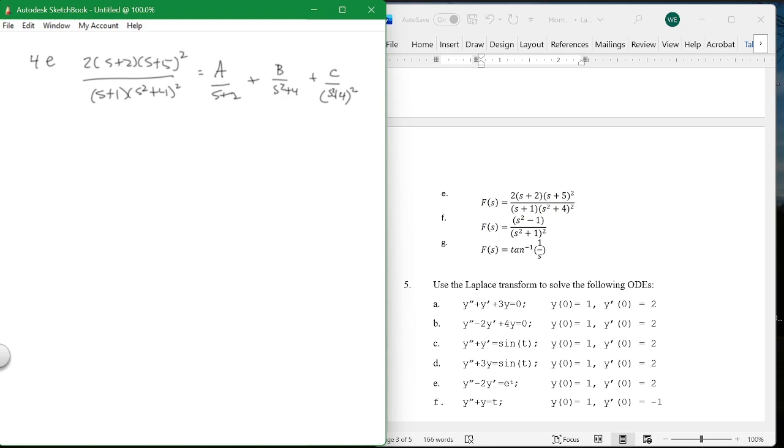Okay? So that's how you expand this kind of a question. So how would you find these variables? You're going to look and see if you can find something.